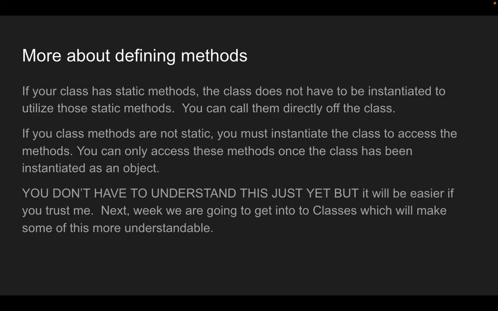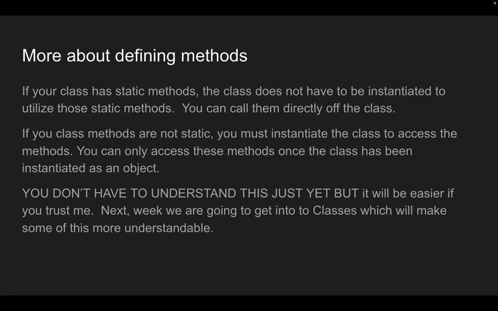We're going to be talking more about static later, but if your class has static methods, that class does not have to be instantiated in order to call that static method. You may not understand this yet because a lot of this you're not going to get into until next week or the week after. But for right now, I just want you to take me at my word on this. If you have a static method, anything can call it without being instantiated.